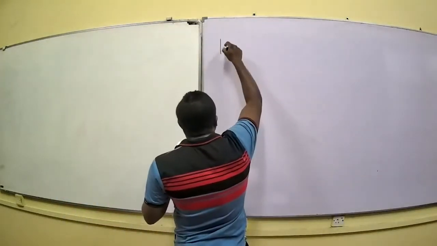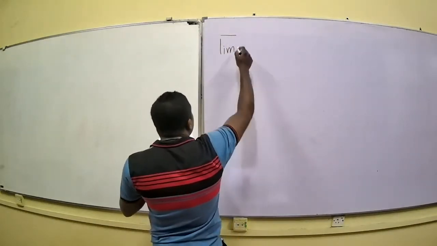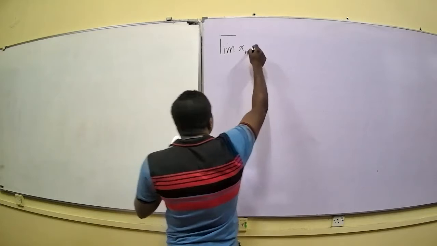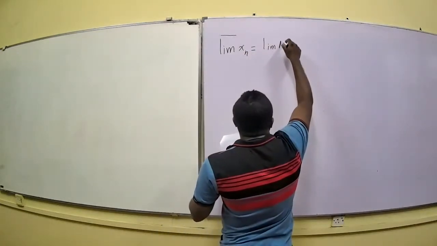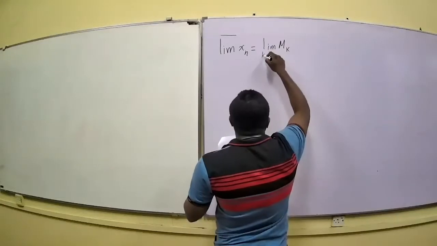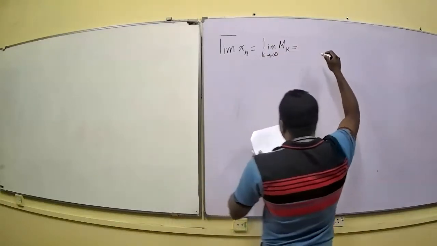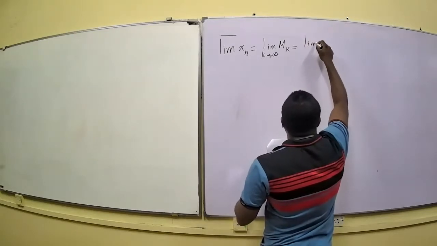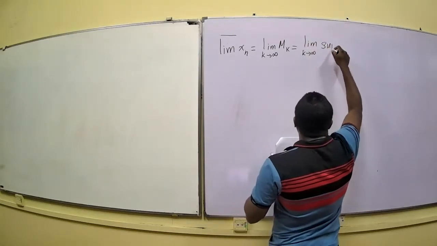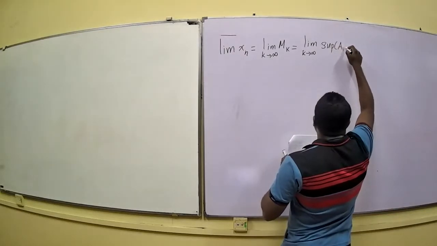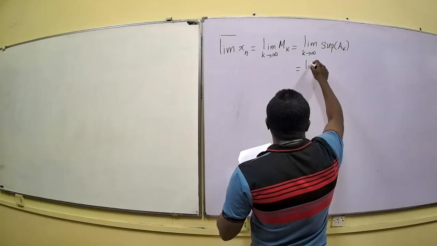So lim sup of xn is actually the limit of mk, where mk is the supremum of the set ak.